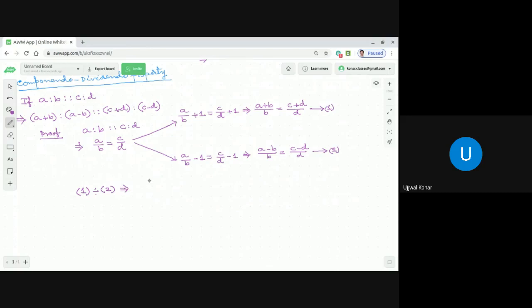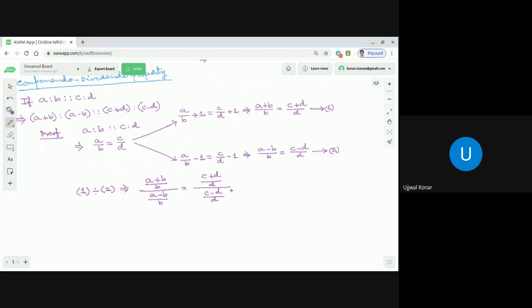That means a plus b by b divided by a minus b by b is equal to c plus d by d divided by c minus d by d.